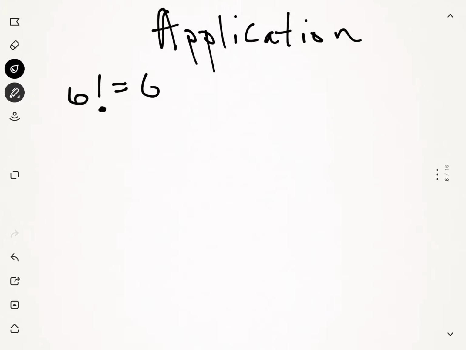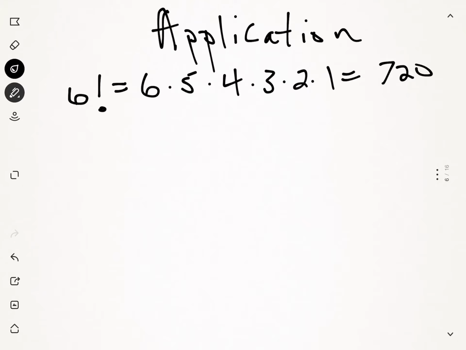And we know 6 times 5 times 4 times 3 times 2 times 1, and we get 720. Okay. Now let's look at this particular question. It's in the topic of permutations, but the way that the problem strategy is designed is different.